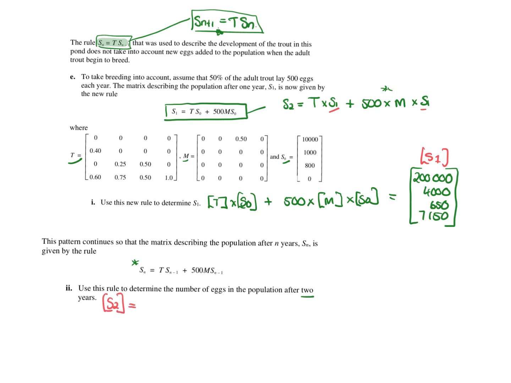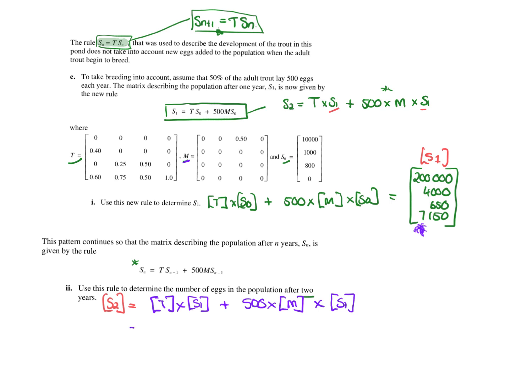So into the calculator, you do this bit, transition times this matrix, this S1, plus 500 times that M1 again, which was given to us, times the S1 again. So this one up here again.